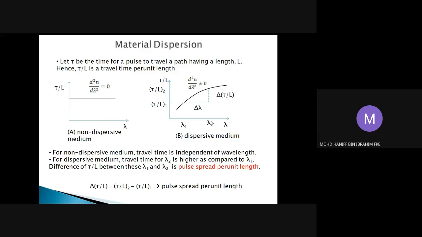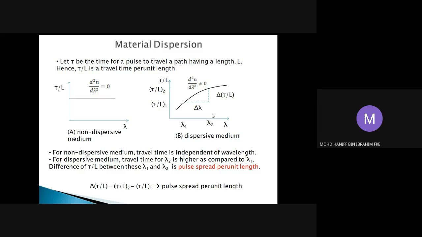And if we have lambda equals lambda 2, the travel time will be different, which is tau divided by L subscript 2. So when we have a difference of lambda, we also have a difference of time taken for the pulse to travel.